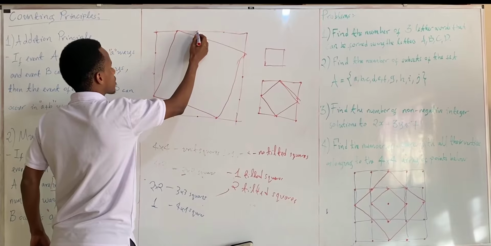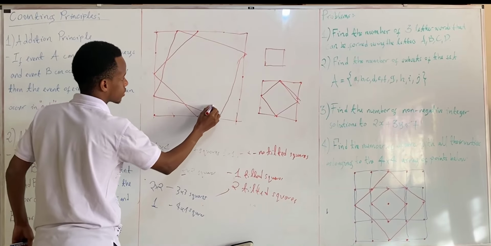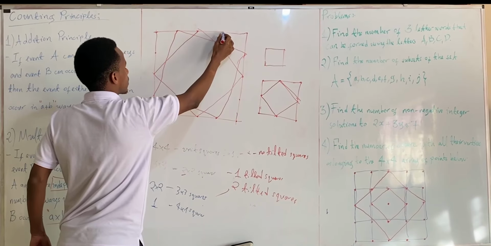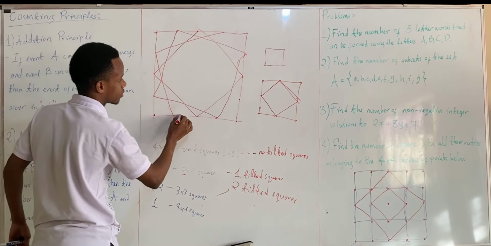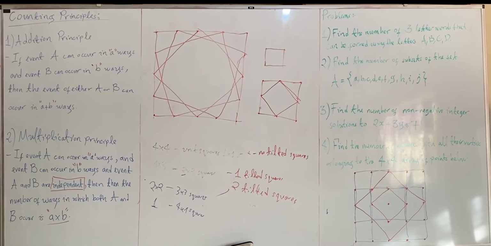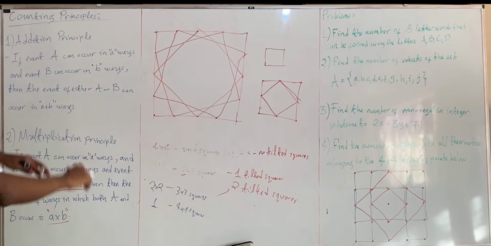The second one is the one going through the midpoints. And the last tilted square is the counterpart. And those are all the squares which are perfectly contained in the larger square.